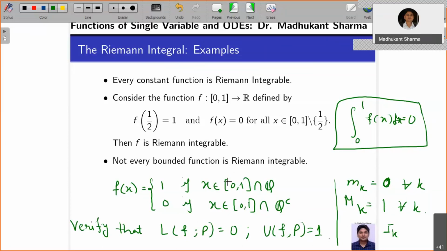Now you can see that in the limiting case, L(f,P) is 0, so the lower Riemann integral is 0 and the upper Riemann integral is 1. Where equality does not occur, the function is not Riemann integrable, though it is bounded. Okay, right.